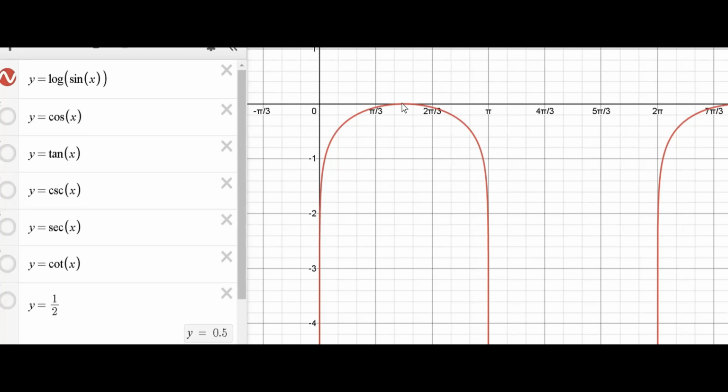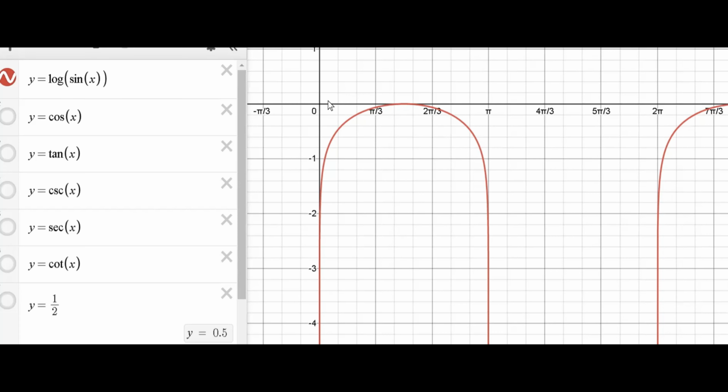Because this is 0 and this is infinite, at this particular place I am getting y as 0, whereas here I am getting infinite. So to avoid this, I will again divide the interval into 2, from 0 to pi by 4.